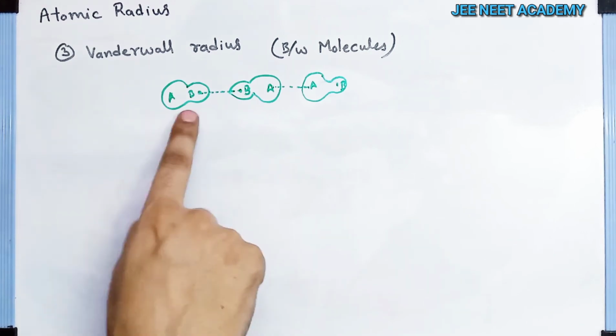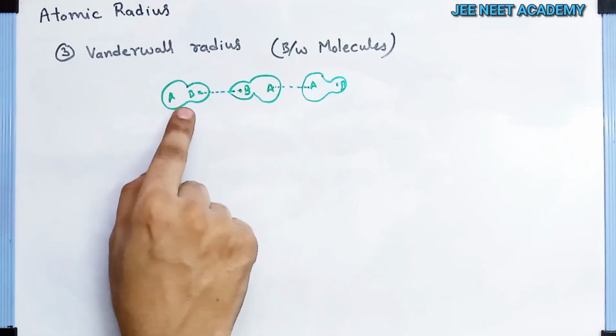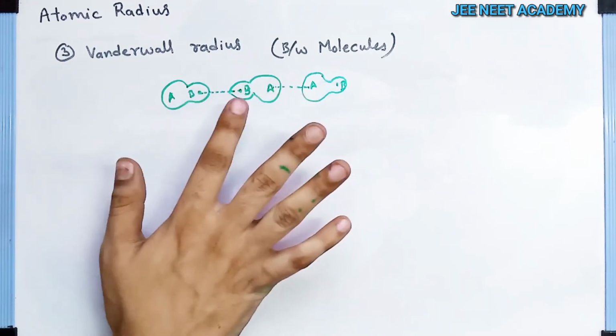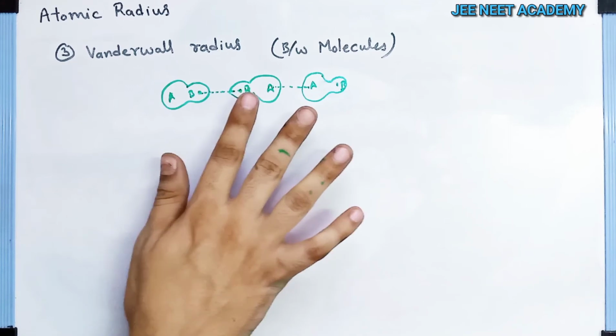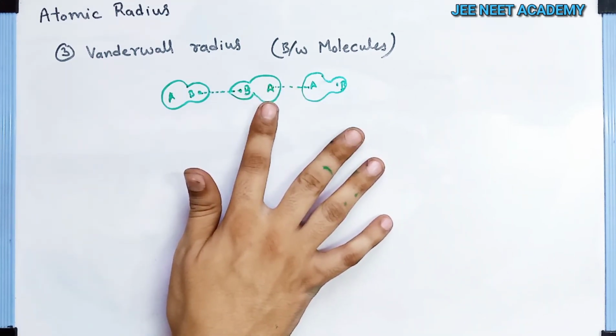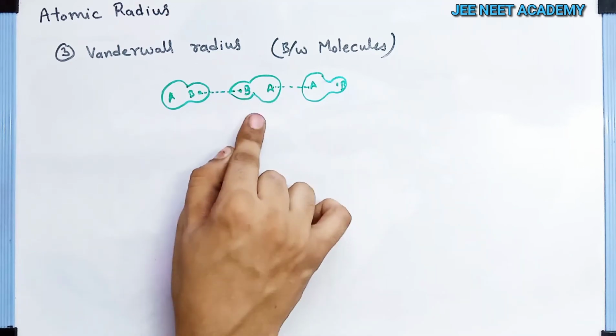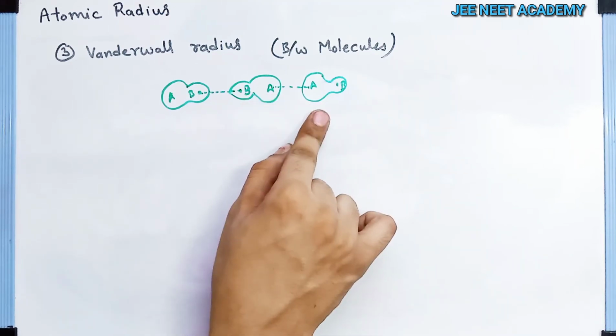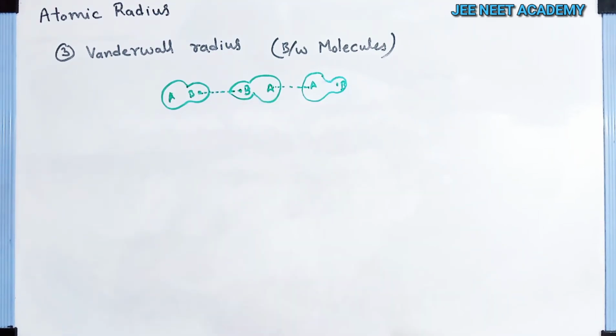Here in the first molecule, the B atom is attracted to the second molecule's B atom, and the A atom of this molecule is attracting the A atom of the next molecule.